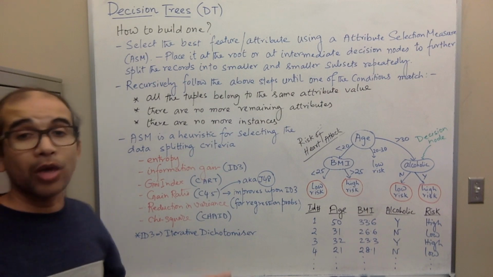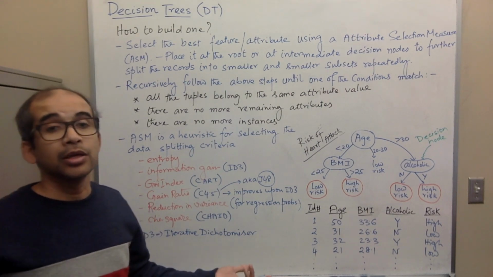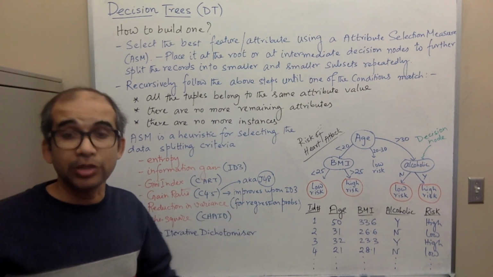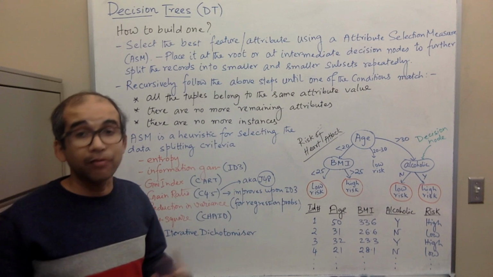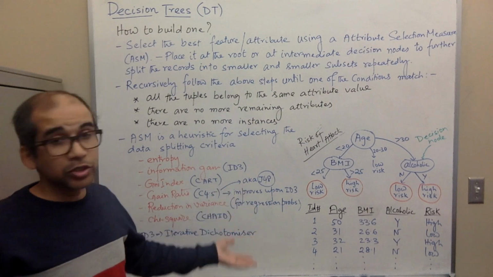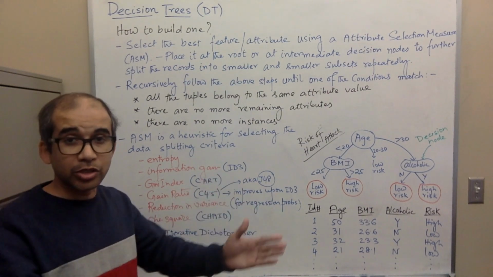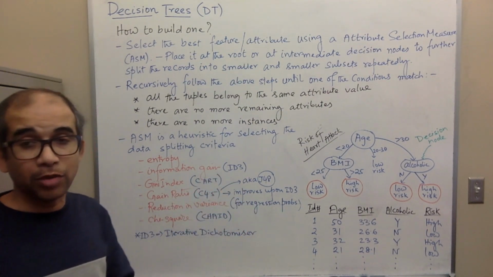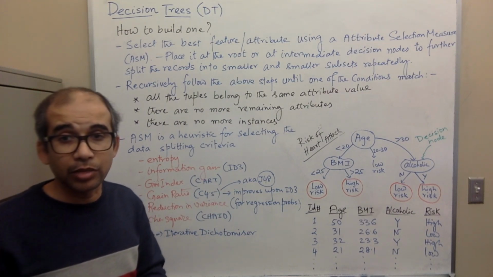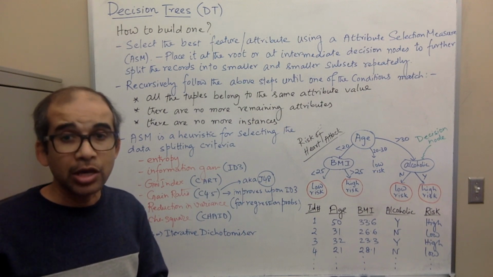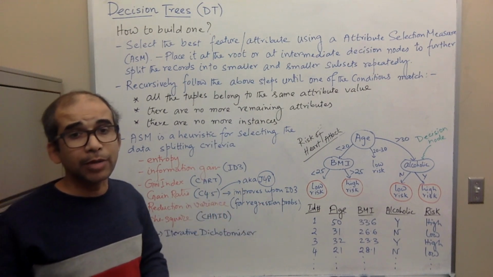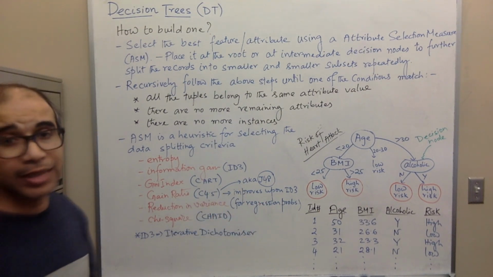Or there are no remaining attributes to split with, or there are no more instances, all the training data having been considered. Then we stop. There are other concerns like overfitting of the decision tree and the height of the tree, but we are not discussing that here.